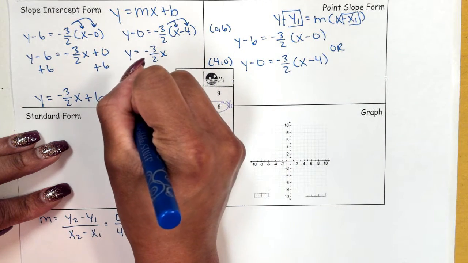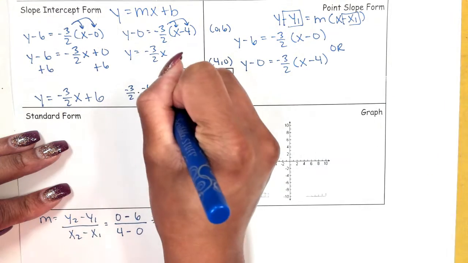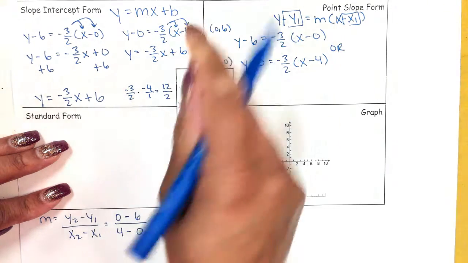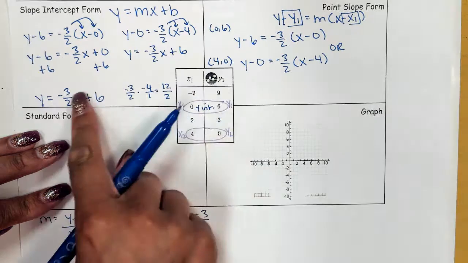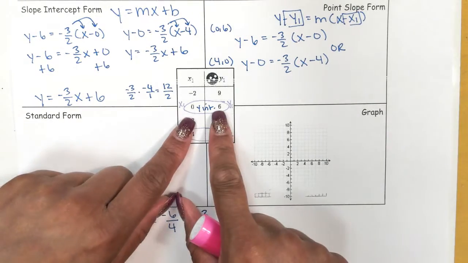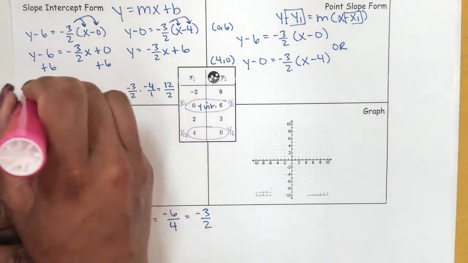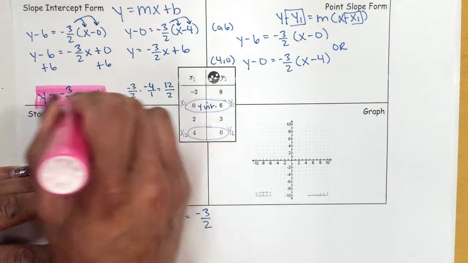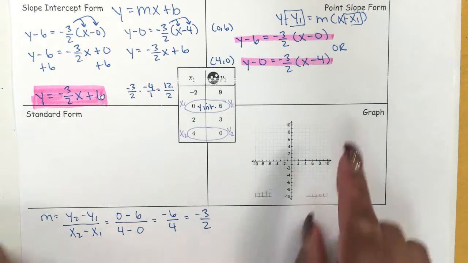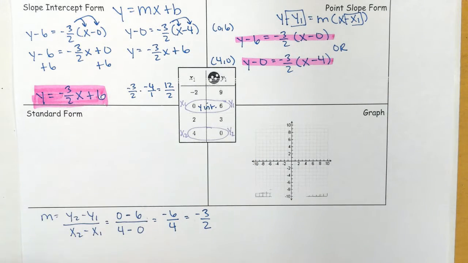So if I had to write this like a fraction, I end up with positive 12 over 2, and I do end up with a positive 6. So these end up being the same answer. So if you're given the y-intercept and you find the slope, you can also start with slope-intercept form. Note, for point-slope form, you can choose (-2, 9) or (2, 3), and those are other options to write your point-slope form.